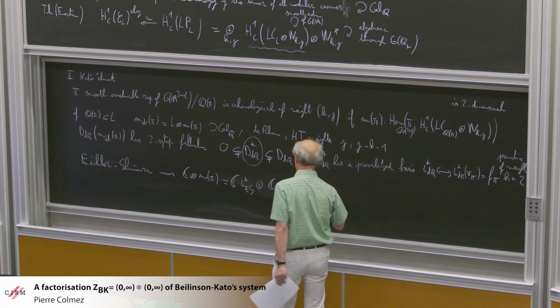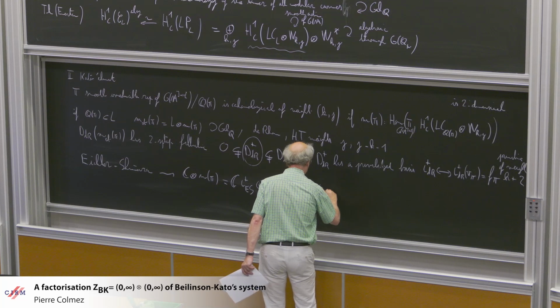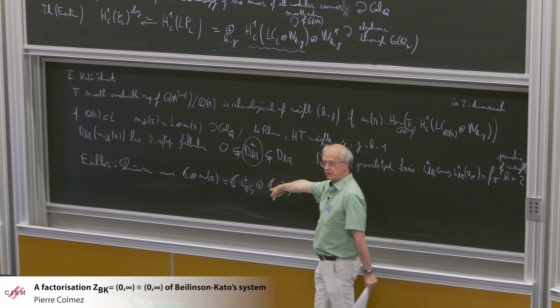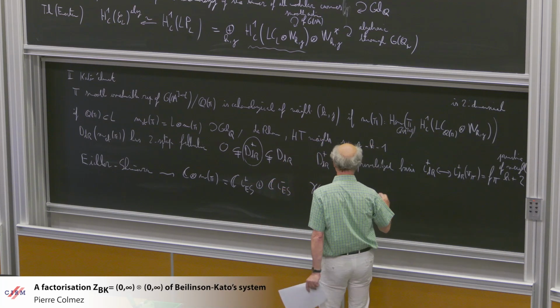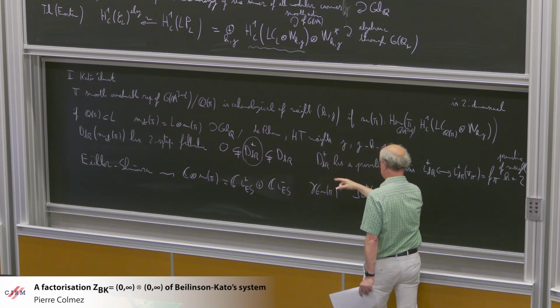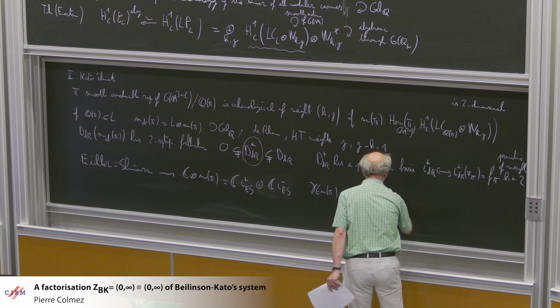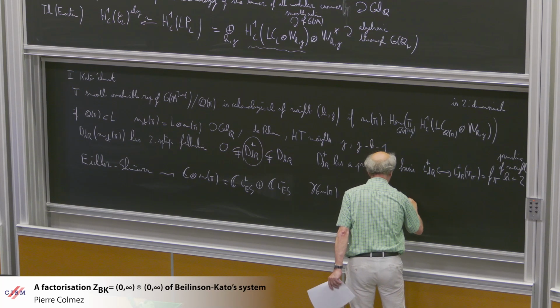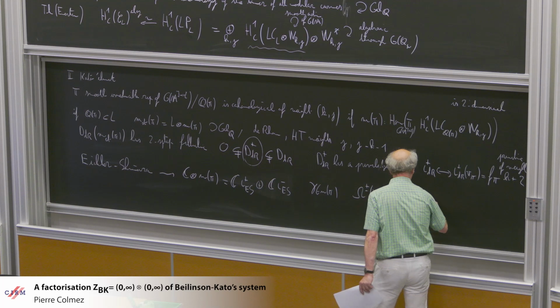So in particular, if you have a gamma inside f of pi, you can decompose it in this basis, and you note omega plus or minus of gamma, the coordinates in this basis.